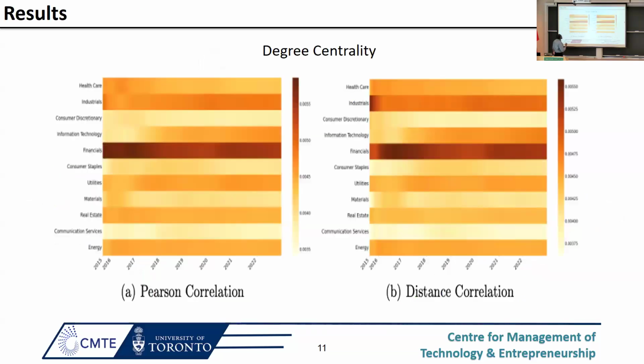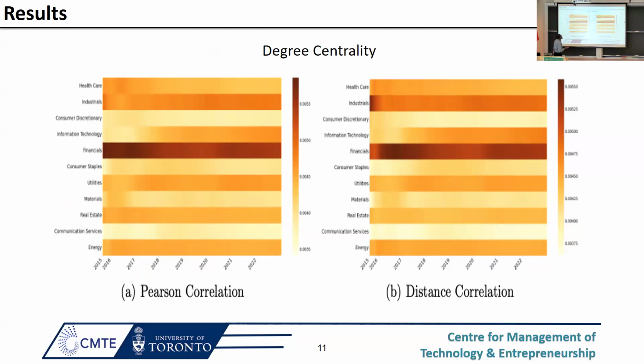Here we look at the degree centrality, based on the nodes. We're looking at how many degrees each node has, and we did the aggregation based on the industries, to see which particular sector was the most influential over this period, comparing the two methods.